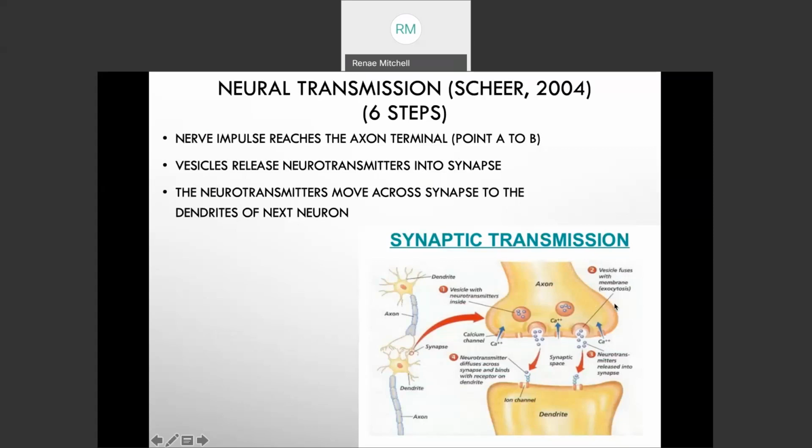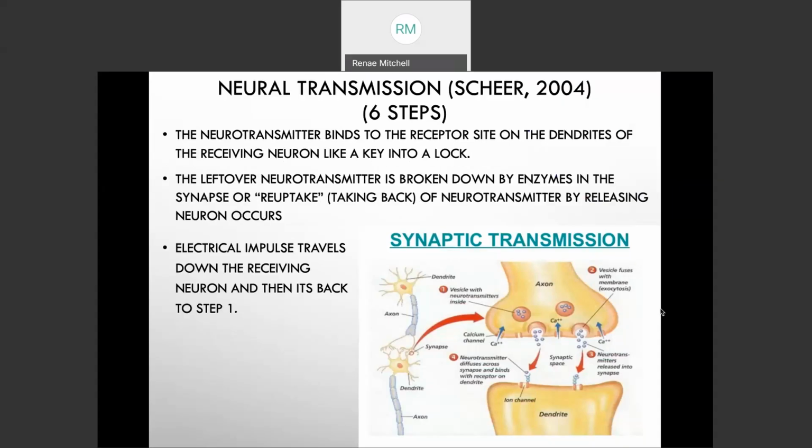So it moves from the dendrites down into the axon terminal, and that's where the vesicles release the neurotransmitters into the synapse, and those transmitters move across the synapse into the dendrites of the next neuron. Those neurotransmitters carry information, and they spark the electrical signal in the next neuron.